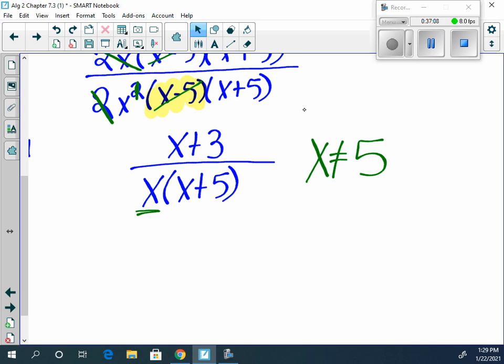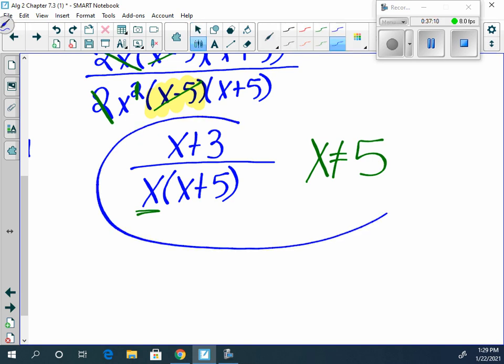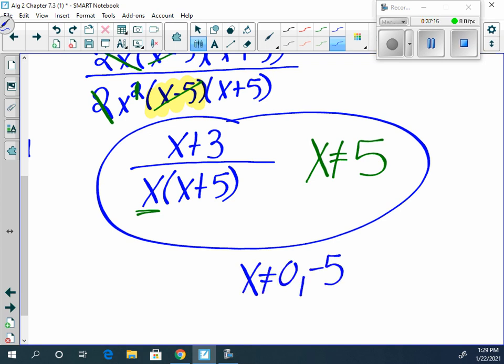So on the answer for this one here, they're just going to have this here. They're not going to have us list the other two restrictions, because 0 and negative 5 are also restrictions. But we don't have to list them here. Now, when we start solving, because we will start solving these, having all the restrictions is going to be helpful.